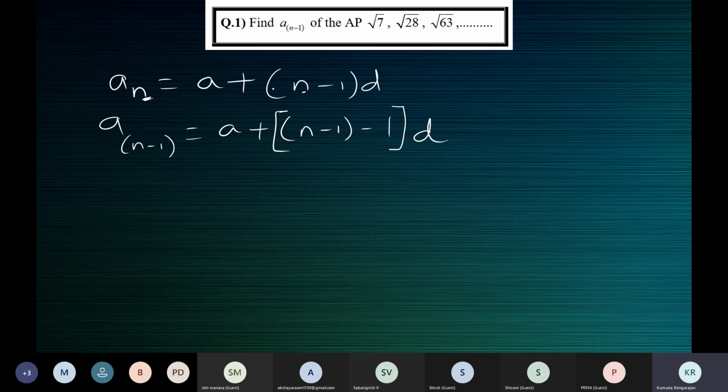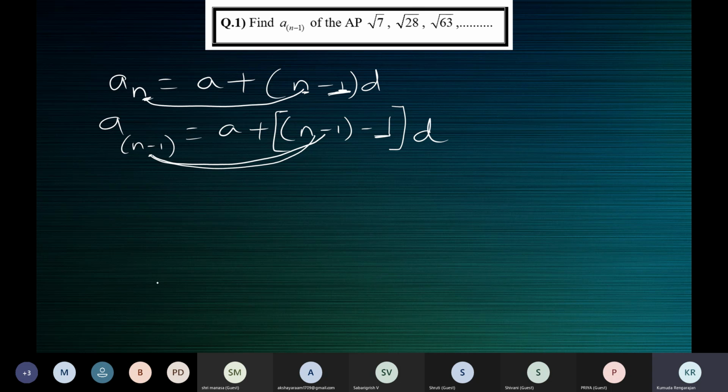See here, the nth term is n minus 1 into d, whatever term minus 1 into d. So if you want this term, it will be n minus 1 minus 1 into d. Can you see this n here? So you must write this n minus 1, then minus 1, into d.